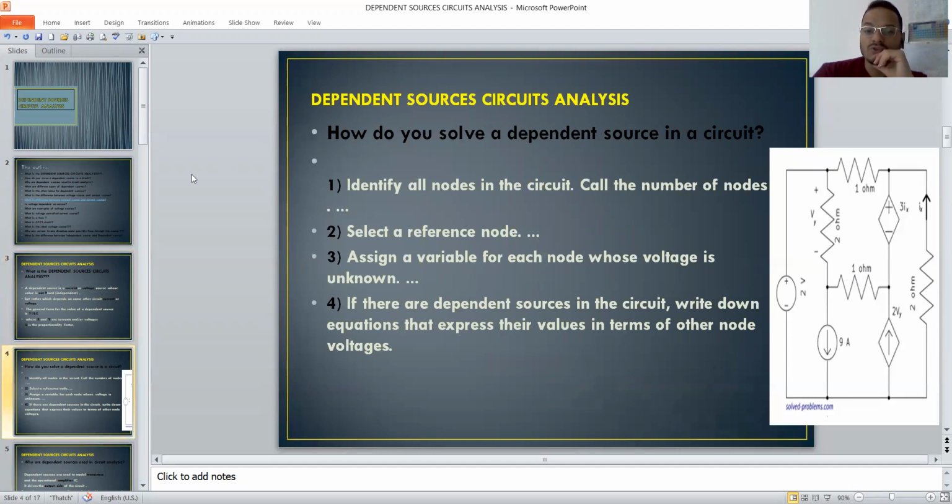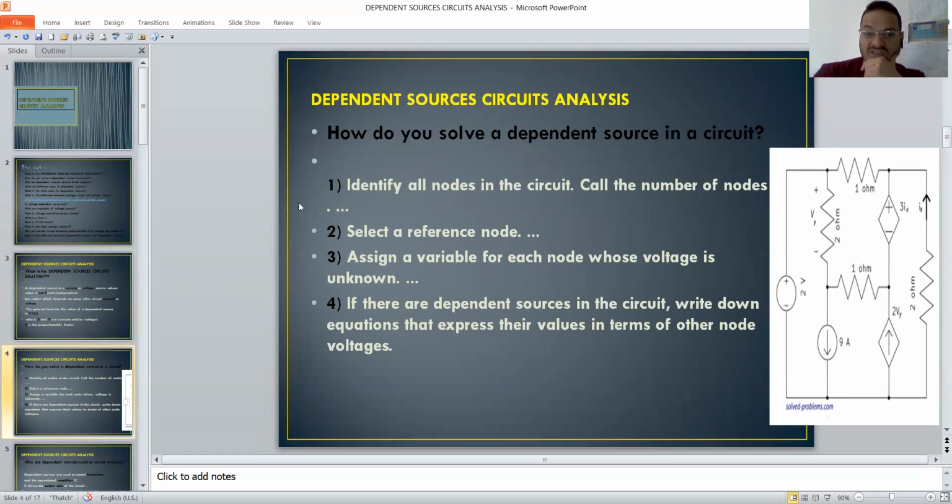Here, how do you solve a dependent source in a circuit? Sure, when we decide to solve any question, any math question or physics question, we must have something like a map or plan. Our plan here will have four important points.